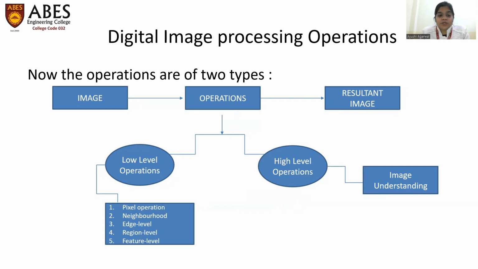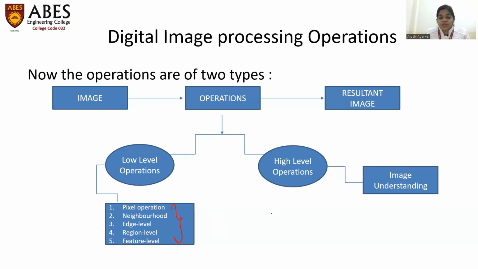Now low level operations involve pixel operations, neighborhood operations, edge level operations, region level operations, and feature level operations. All these operations are performed on any image to improve its quality.